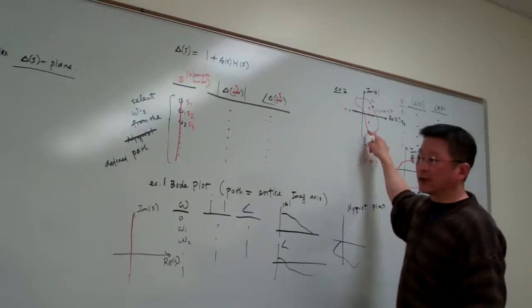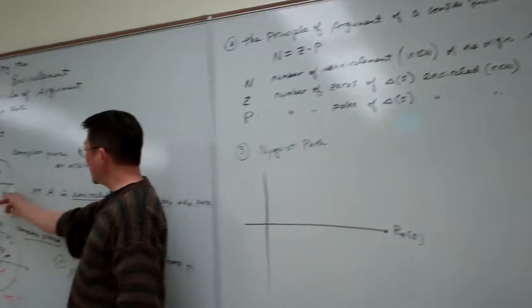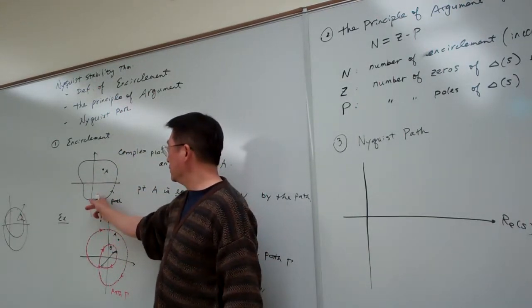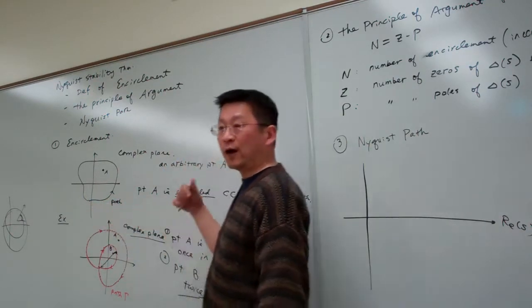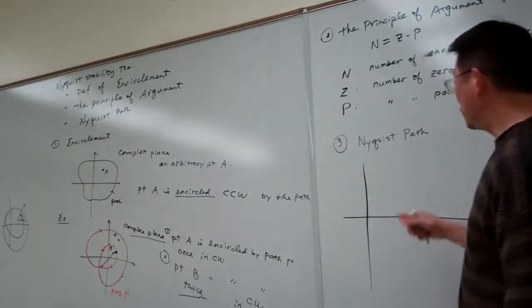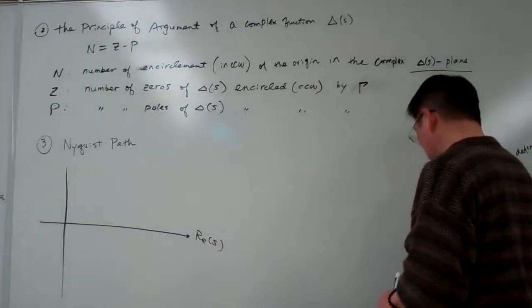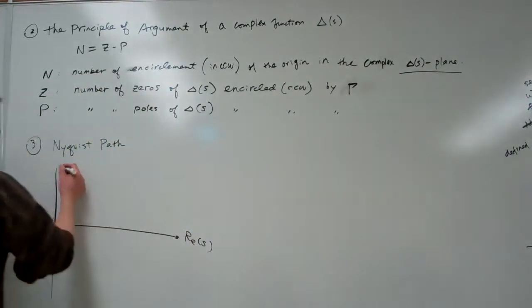Okay. Again, back to the beginning, I said that when we pick this type of path, it really depends on the problem of interest. So right now, for our control stability, we select a very special one, and actually the path is to cover the entire right-hand side of the complex plane.